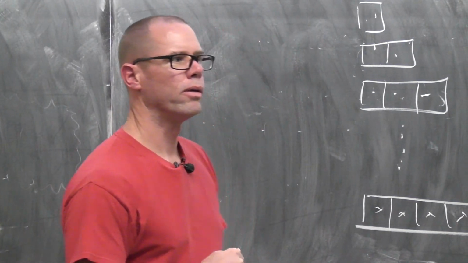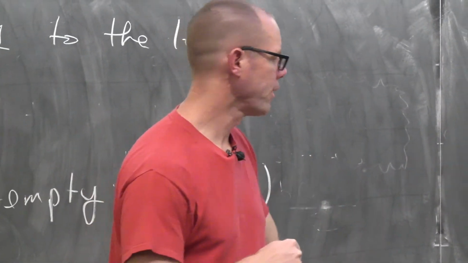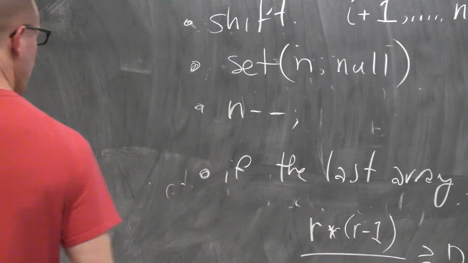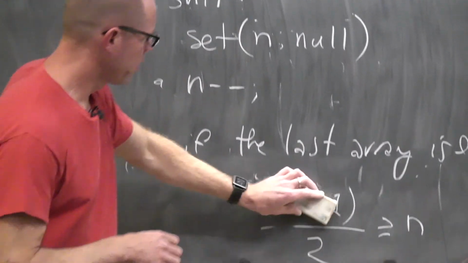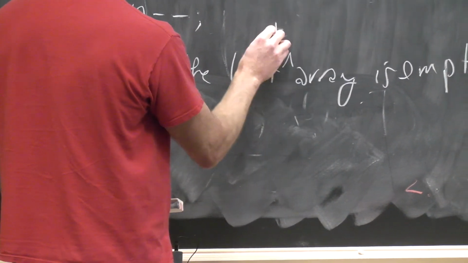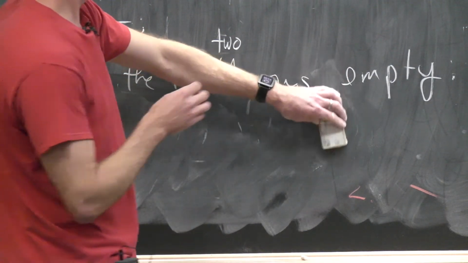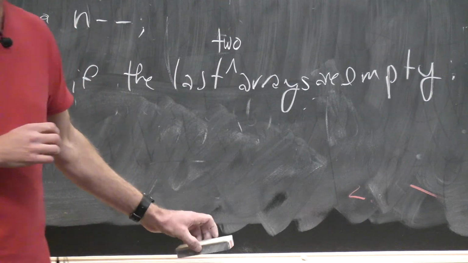What's the solution? The only thing you need to change here is to change this to say, not if the last array is empty, but if the last two arrays are empty. Then you remove one of them.